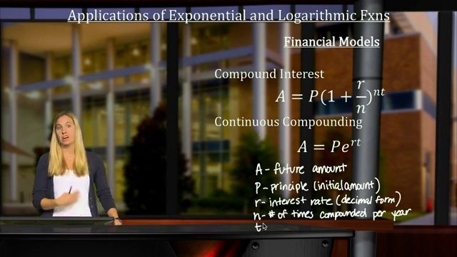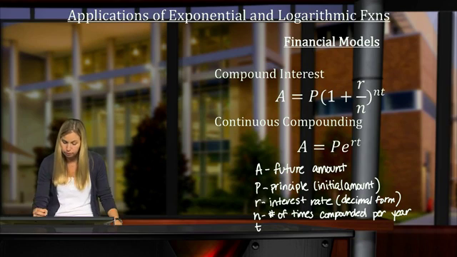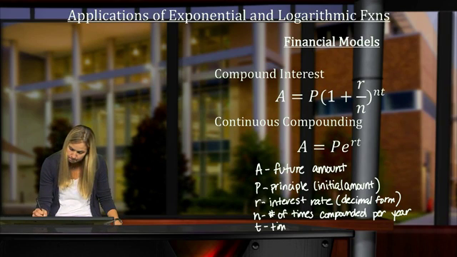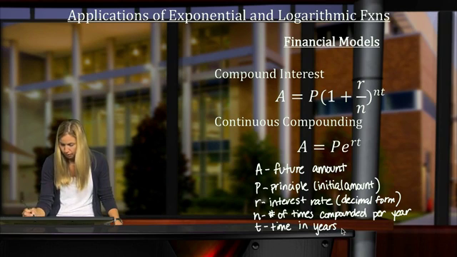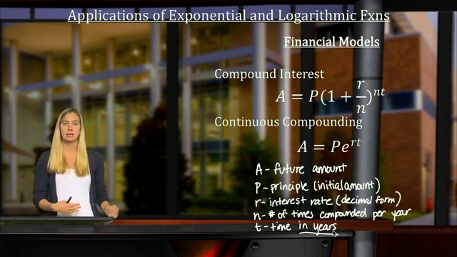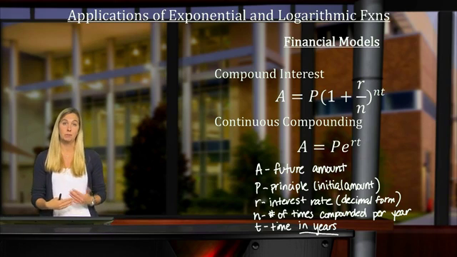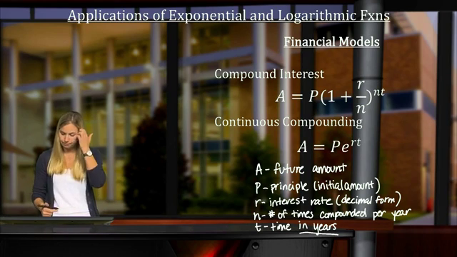When we're dealing with a financial application of exponential functions, time is always going to be measured in years. Now, this is important because if a problem says find the amount after 6 months, we need to convert that time in months to years. So we would plug in T equals 1/2.